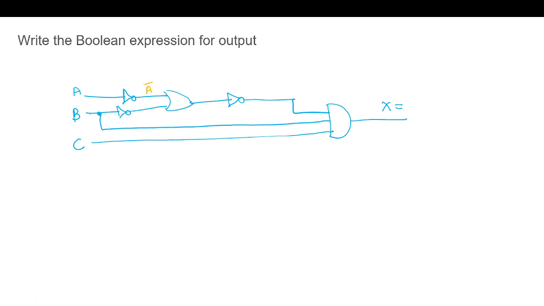Here we will have a bar. Here we will have b bar. And what is the output of our gate? A bar plus b bar, and the NAND gives a bar plus b bar whole bar. It is a and b. And this is b, and this is c. So x is a, b, c.